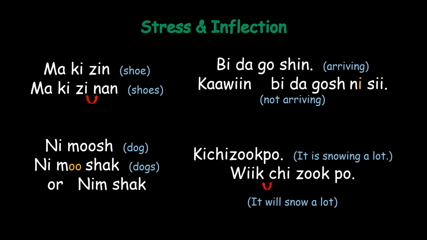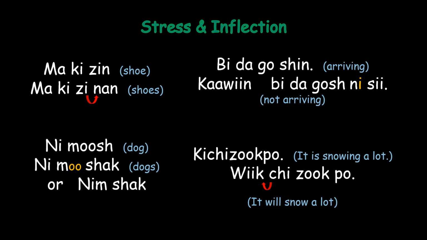Looking at stress and inflection, we find that the sounds or pronunciation of words slightly changes when we cause inflection upon the word. Inflection means that something is added to the word, such as a suffix or prefix, to change the word's meaning. Oftentimes, the sound and the stress of the word will change. As an example, we look at mokizin, a moccasin or a shoe. Plural form, moccasins are shoes.